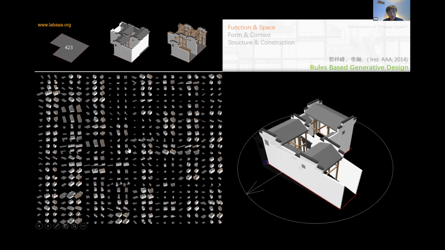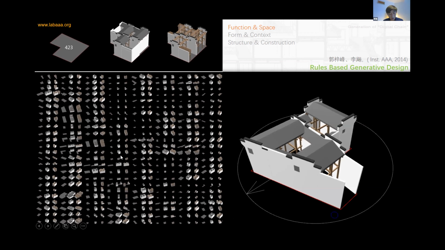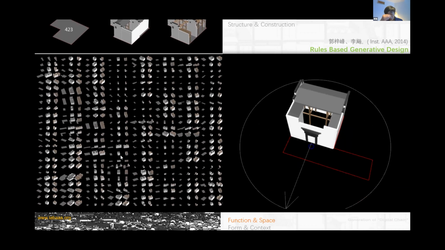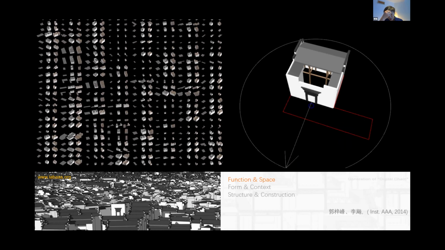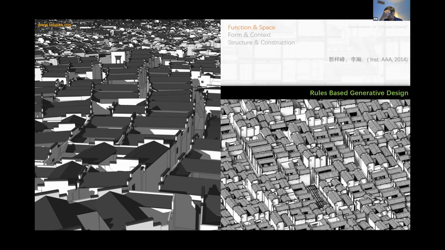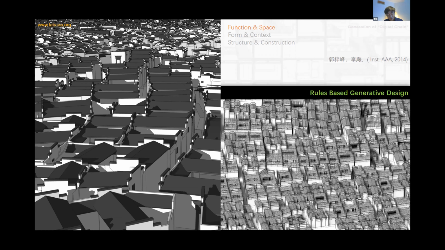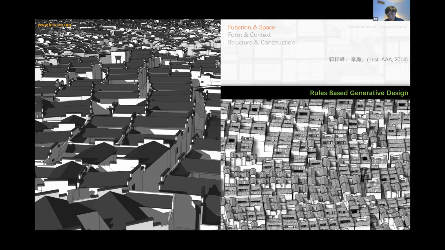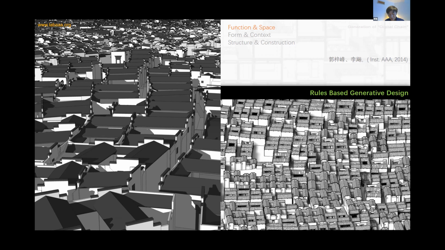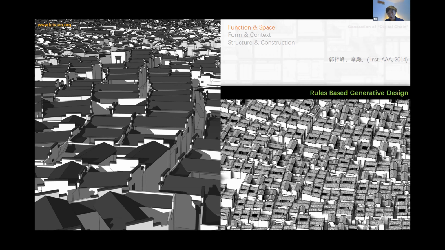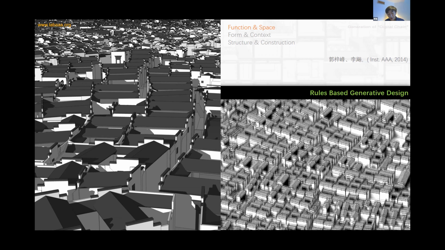Okay, and after we finish the tools, you can play around. You can play with the result of the program, and you can test the computing power of the computer and get a virtual Huizhou settlement, which means you don't need a boundary.